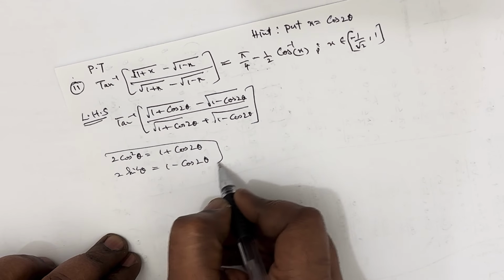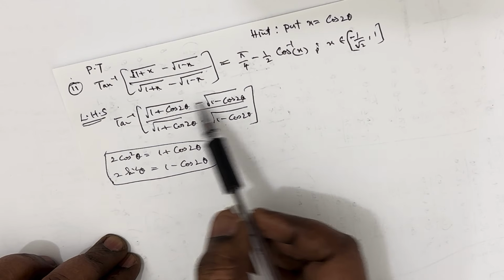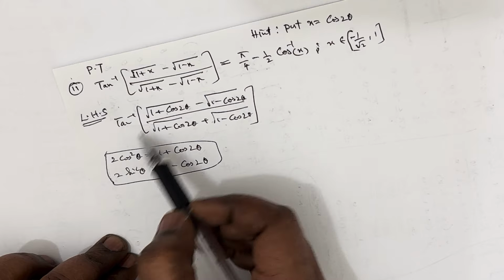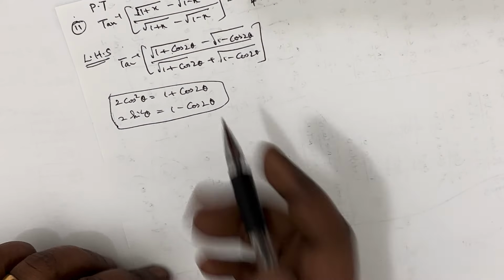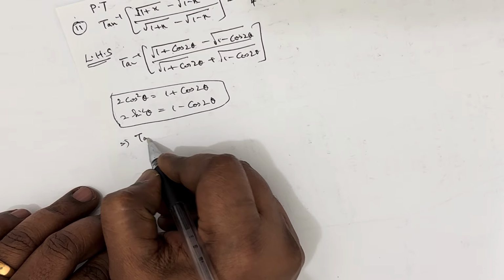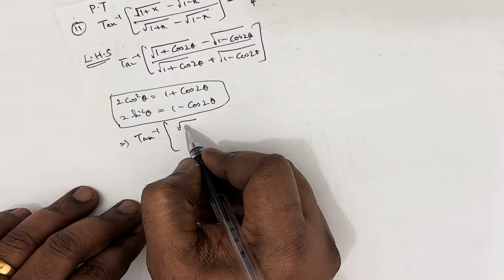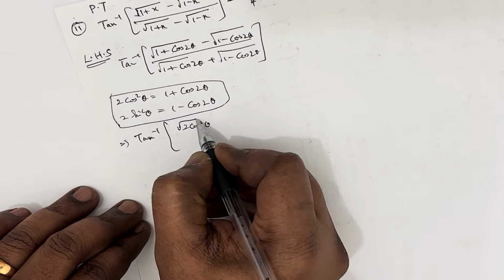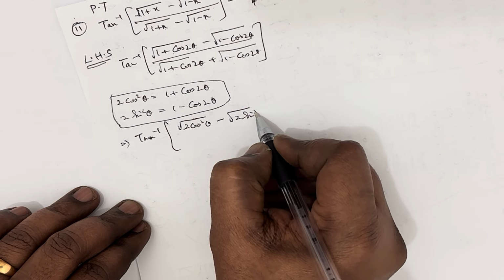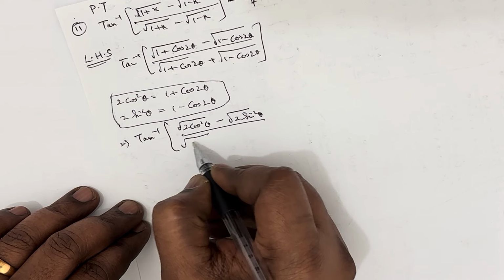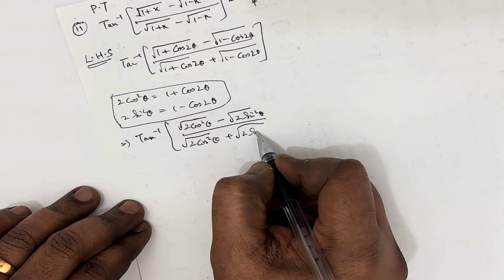So let's change these to these. Let's put 2 cos² θ here and 2 sin² θ here. So it becomes tan inverse of (√(2 cos² θ) − √(2 sin² θ)) divided by (√(2 cos² θ) + √(2 sin² θ)).